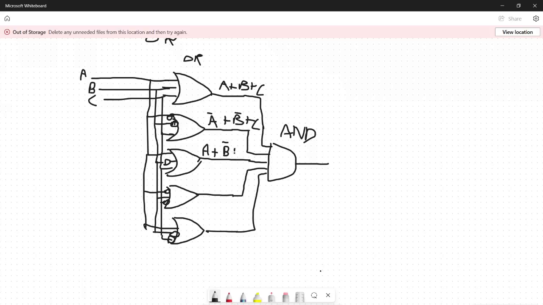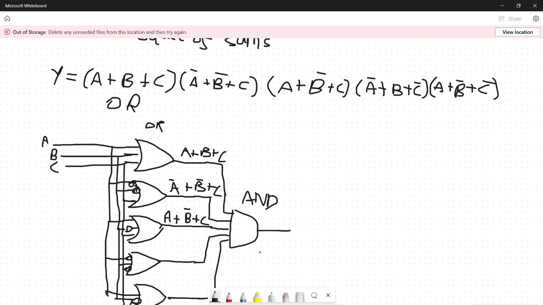This is A plus B inverse plus C. And this is going to be A inverse plus B plus C inverse. You see that's inverted. And then this is going to be A plus B inverse plus C. And then when we multiply all of these together, we're going to get our Y.